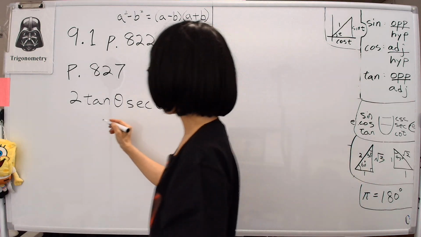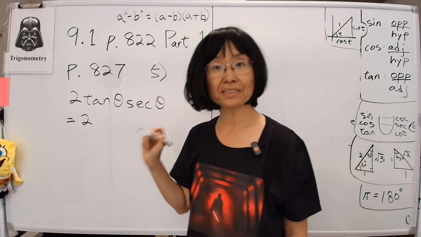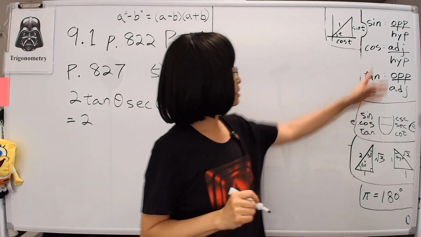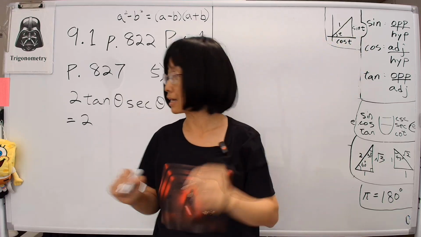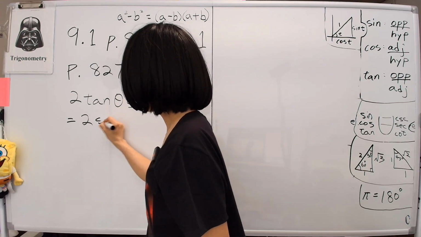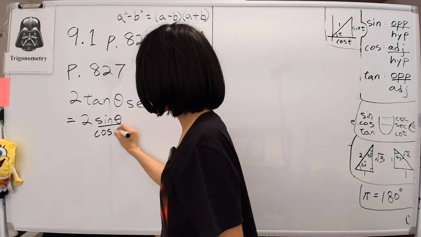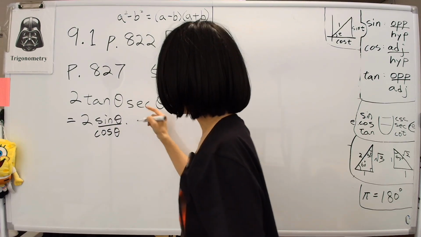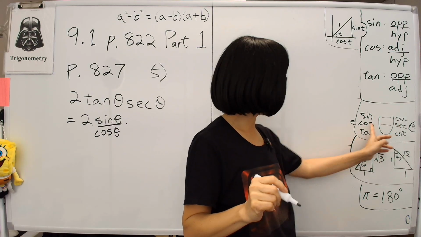So let's do that. So this is equal to 2. Tangent already has some sine in it, right? Because tangent is equal to opposite divided by adjacent, or sine over cosine. So let's write that down. Tangent equals sine theta over cosine theta. And then secant, we'll write it as 1 over cosine.